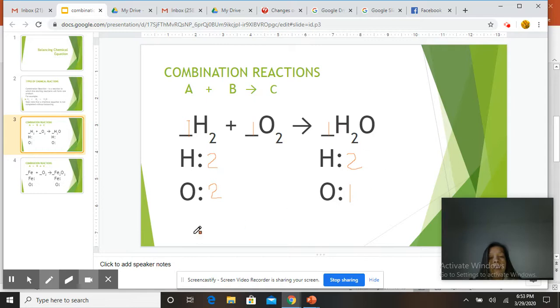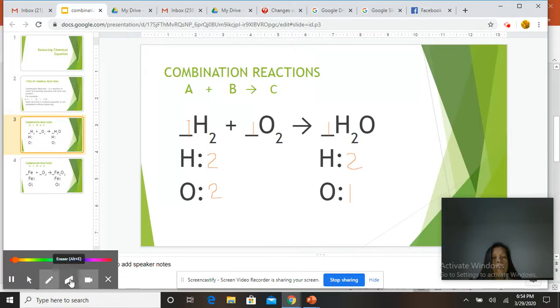Now, if we examine the whole thing, we found out that hydrogen and oxygen are not the same. In short, they are not balanced. We don't have a problem with hydrogen because it is balanced. However, oxygen is not.